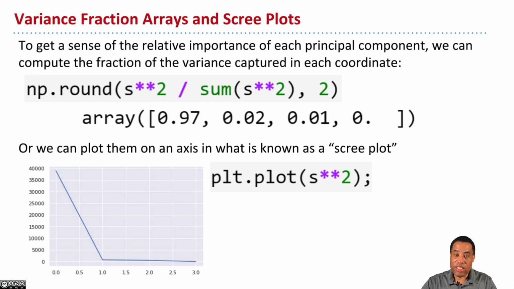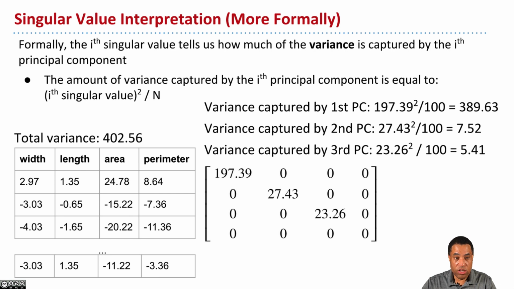So, to get a sense of the relative importance of each principal component, you can compute the fraction of the total variance that's captured in each coordinate. So we're just going to take our total variance, 402.56, and look at the variance captured by a particular principal component: 389.63, 7.52, and 5.41.